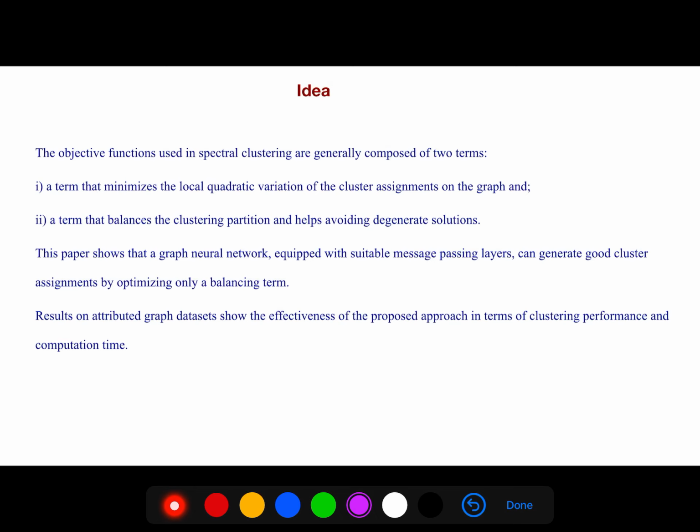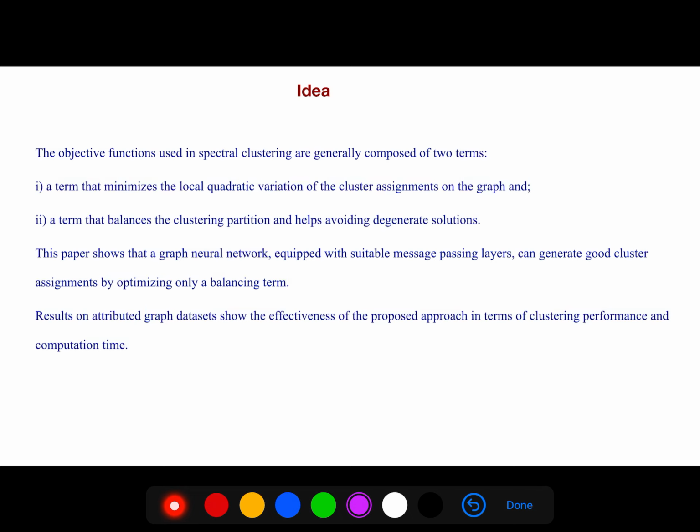The objective functions used in spectral clustering are generally composed of two terms. A term that minimizes the local quadratic variation of the cluster assignments on the graph, and a term that balances the clustering partition and helps avoiding degenerate solutions.